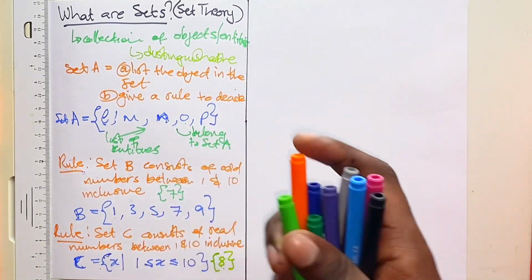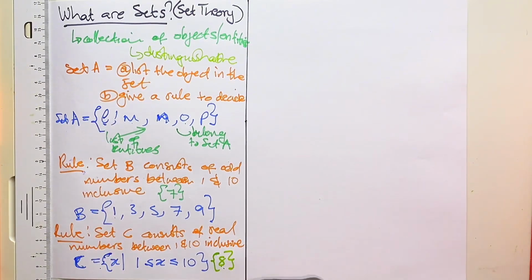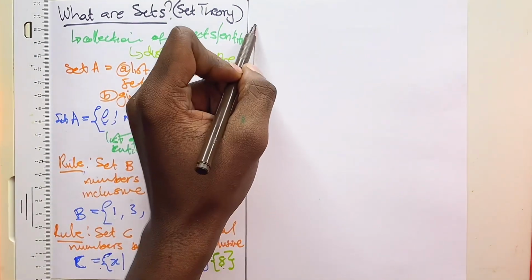Now, these entities that are here, mathematically, how do we represent them and say they belong to a particular set? The way that we are going to write this down is by saying, take these for example.